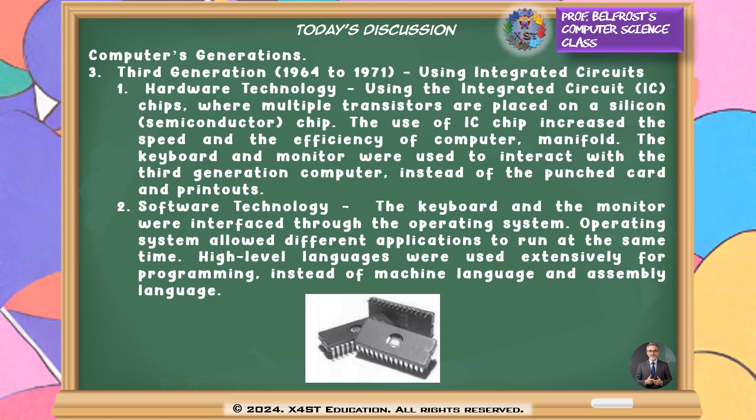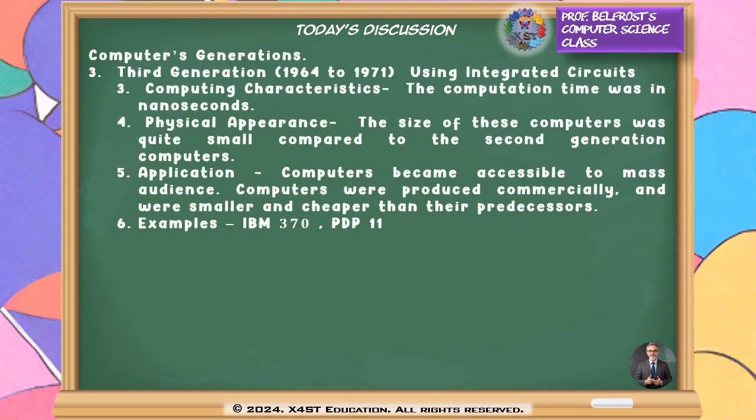With the use of IC chips, we have increased the speed and the efficiency of computers. And when the third generation came into existence, we had already introduced high-level languages to replace machine language and assembly language. And the computation now becomes nanoseconds, and it has been quite accessible to the mass audience.